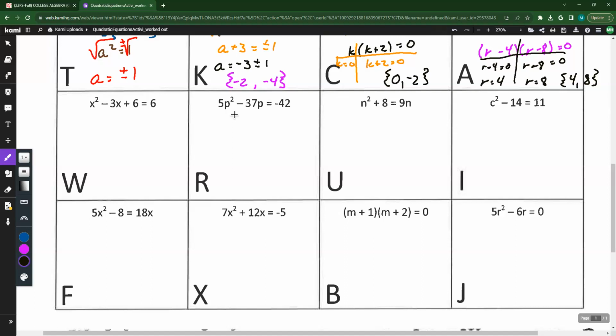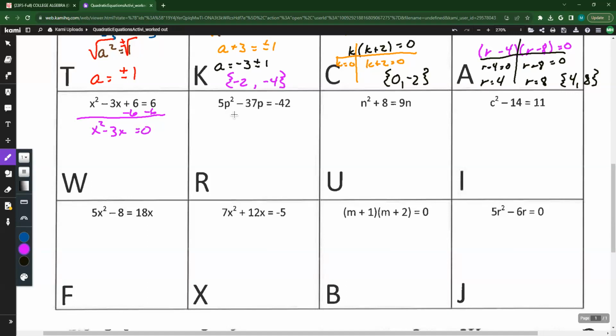All right, and some of it is you get a feel for it by looking at the numbers that you have. It gets better. Now this one, first thing I do is I see I have like terms that I want to get together. So I'm going to subtract the 6 from both sides. And I have x squared minus 3x equals 0.